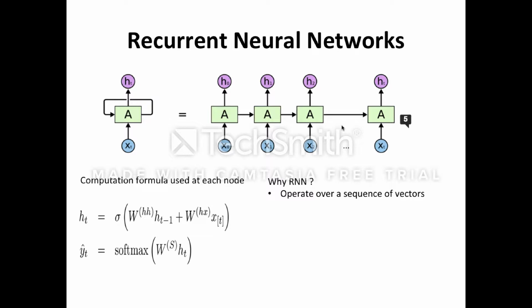If you take a look at the image closely, we see that a recurrent neural network is not different from a regular neural network. A recurrent neural network can be thought of as multiple copies of the same network, each passing a message to its successor. We show a small equation of how each activation function is calculated with the help of sigmoid, and in the last layer you can use a softmax to get the probabilities.